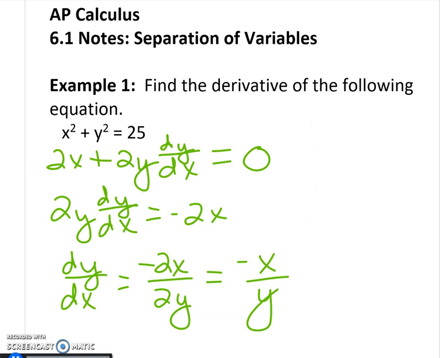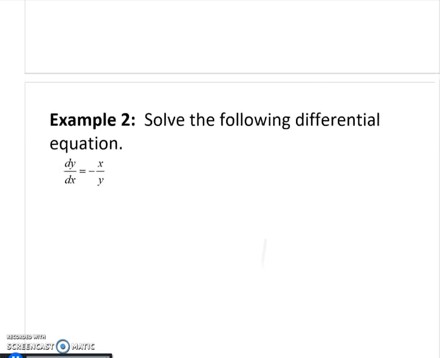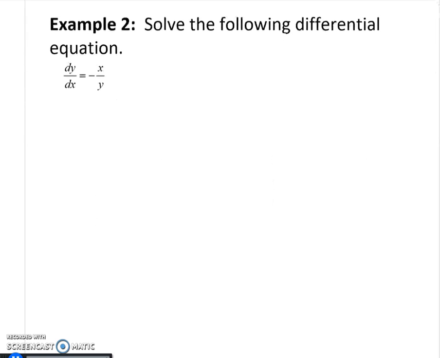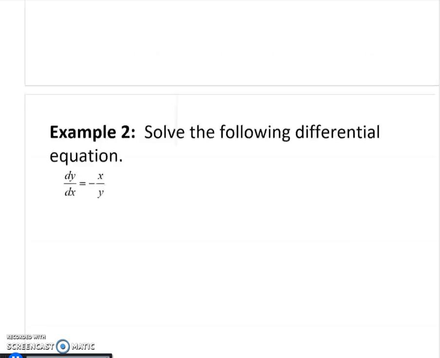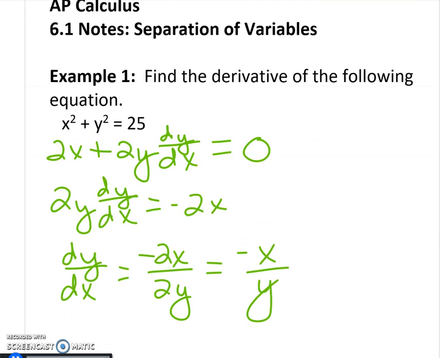So what if I then posed the question to you of what is the solution to this differential equation? Well, if you have the derivative negative x over y, then it would have come from an equation like x squared plus y squared equals 25, because that derivative came out to be negative x over y.